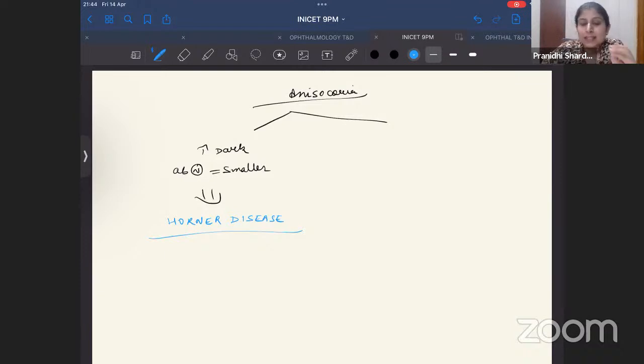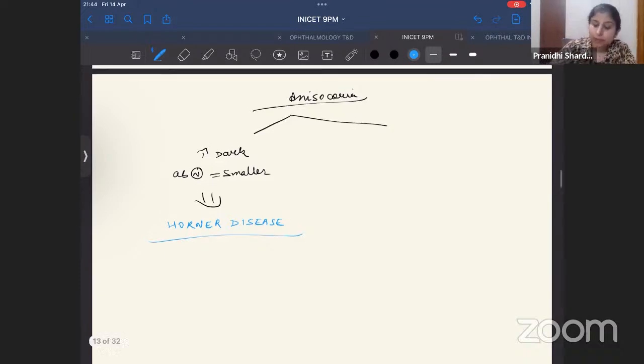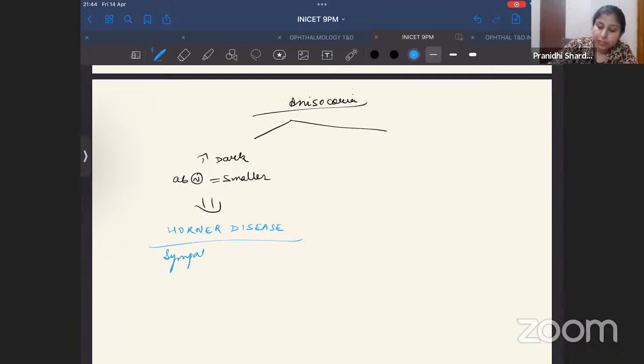So there is a problem in the sympathetic supply. The disease of the sympathetic supply where we see a miotic pupil is Horner syndrome. So here we have the diagnosis of Horner syndrome.